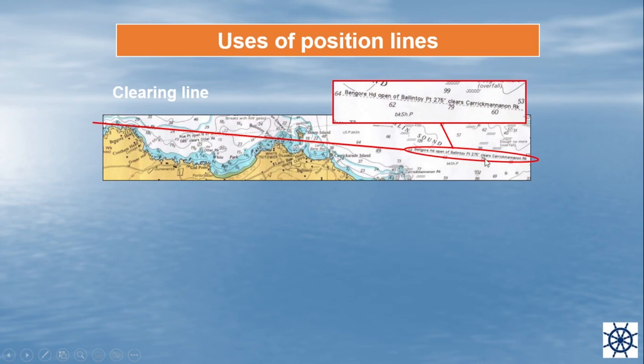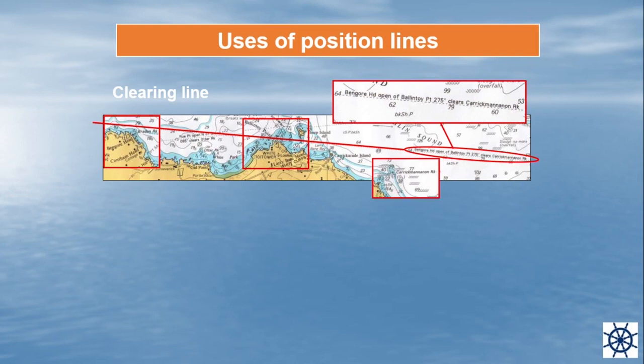Once you are, meaning, pag nakita mo na daw itong two inline bearing na yan, yung broken line na yan, at you bear 275, it means the Karik Mananon Rock, ito yung area na yan, ay clear ka na dyan. No? You are already cleared. Okay, that is what we call clearing line.